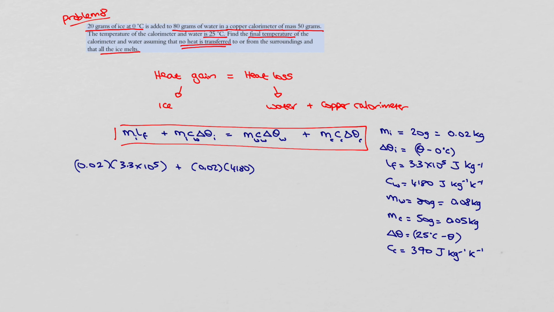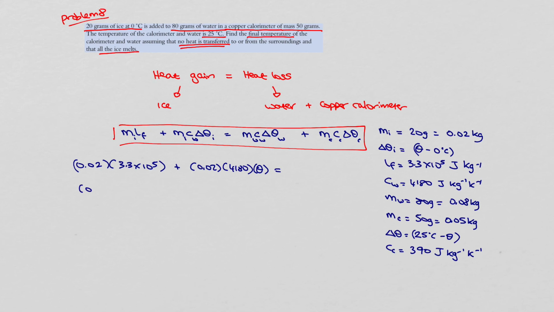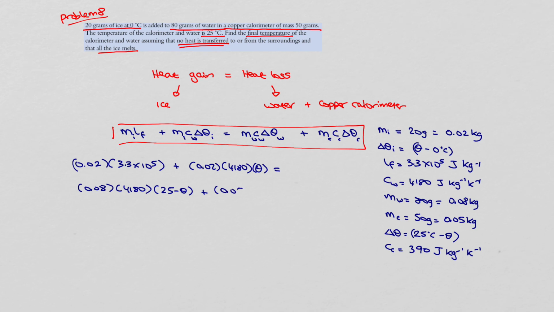And then the change in temperature of the ice is just going to be theta minus 0, which is just theta. And then that must equal, if I go on to the next line, the mass of the water, 0.08, times the specific heat capacity 4,180, multiplied by our change in temperature, plus for the copper calorimeter, 0.05 times 390 times 25 minus theta.